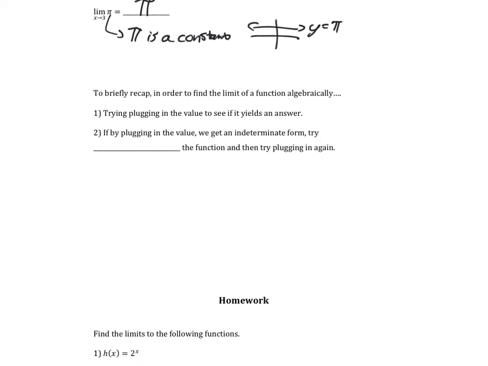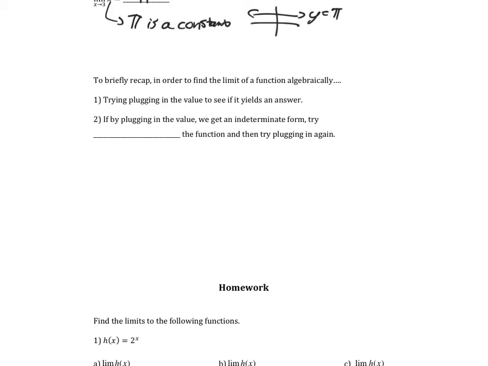All right, just to briefly recap, in order to find the limit of a function algebraically, first, and I can't stress this enough, you must try plugging in a value first. Do not jump to factoring right away, because if you do, and you actually can plug it in from the get-go, you can sometimes get different answers. So do not do that.